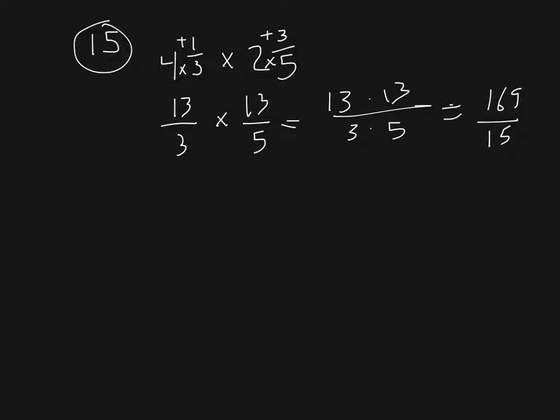Now I could look for a common factor there and reduce. I think there might be a common factor of 3, but I think I'm going to convert to a mixed number first. 15 goes into 150 10 times. So I'm thinking it goes into 169 11 times. So I'm going to have 11 whole numbers.